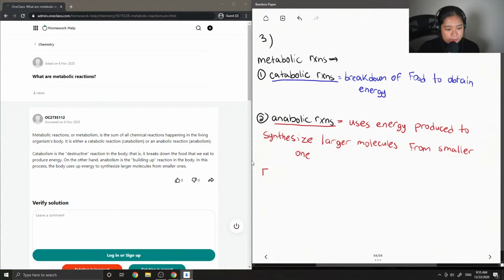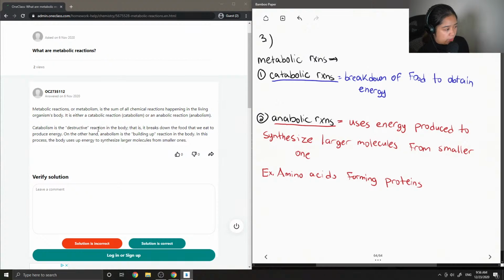So an example of anabolic reactions, this is when you can have amino acids forming proteins. Okay, so these are the two examples of metabolic reactions. So that's why when someone says, oh, you athletes have a high metabolism, that means they can break down the food fast to obtain energy, and they can also synthesize more proteins faster as well.